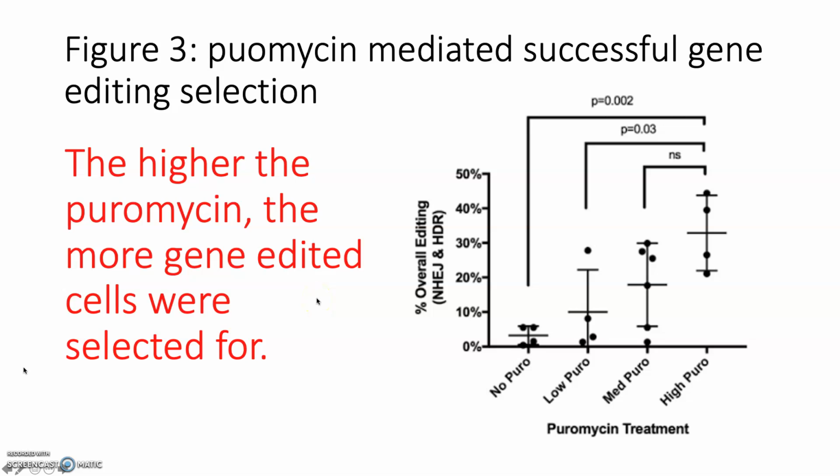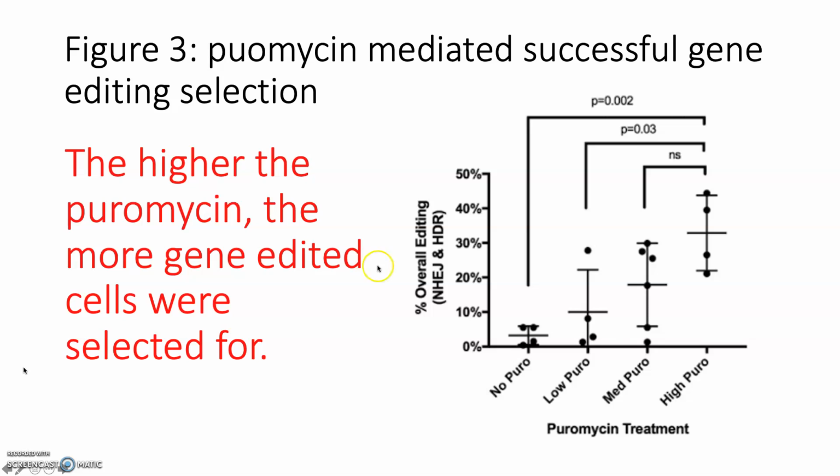Figure 3 is just another way of observing the data that we saw in figure 2, with overall editing increasing with puromycin selection. Higher puromycin resulted in an overall increase in the percentage of cells that have been edited, either by insertion deletion or HDR.